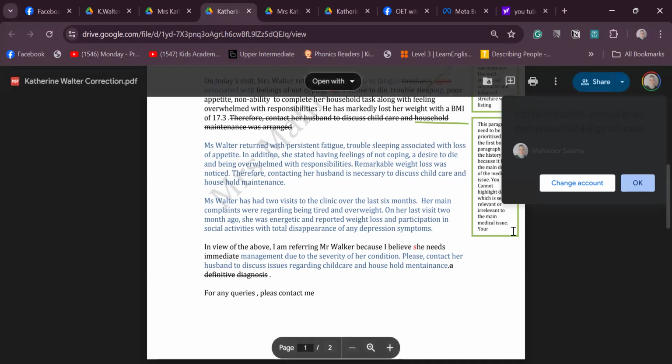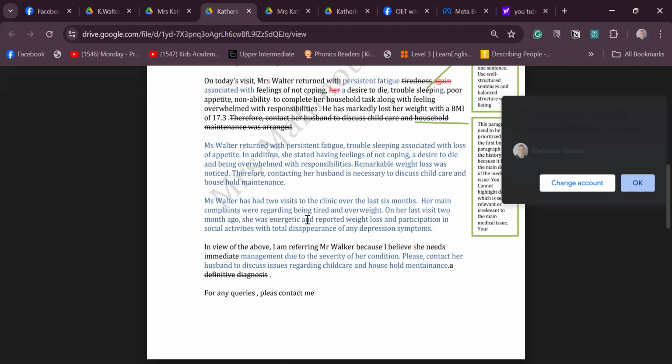By this way, you got the hidden theme, why he's writing to you these case notes, as long as it's not relevant, because he wants you to tell the doctor that at that time when she visited the clinic 2 months ago or 6 months ago, she hadn't had any depressive symptoms.